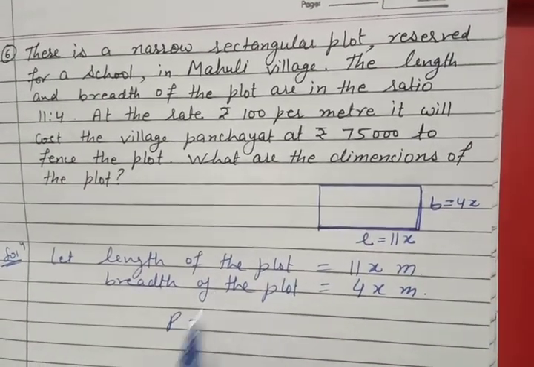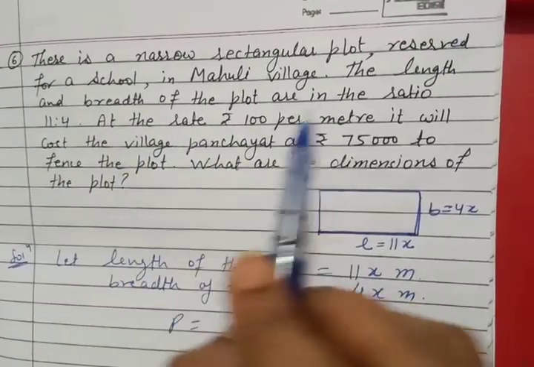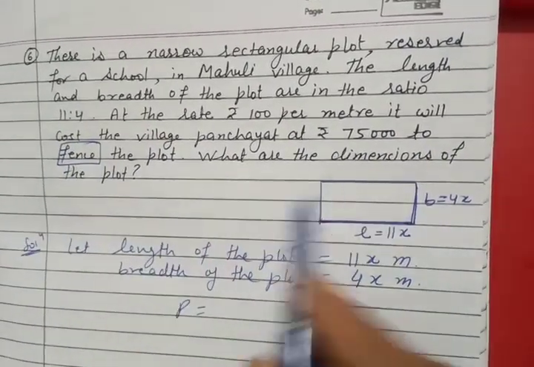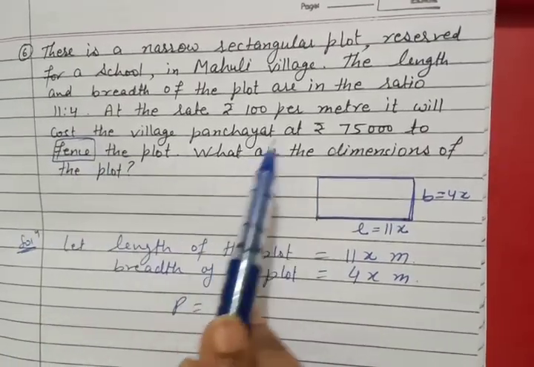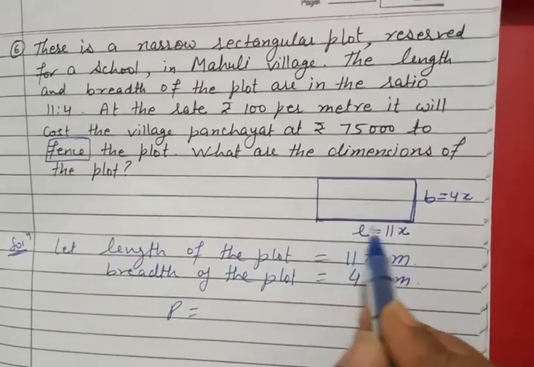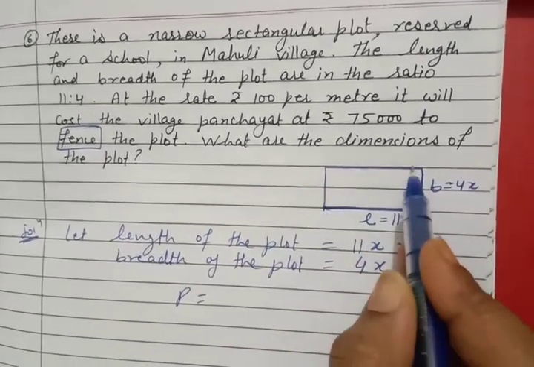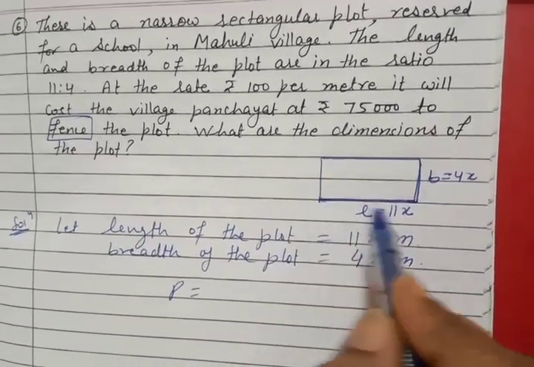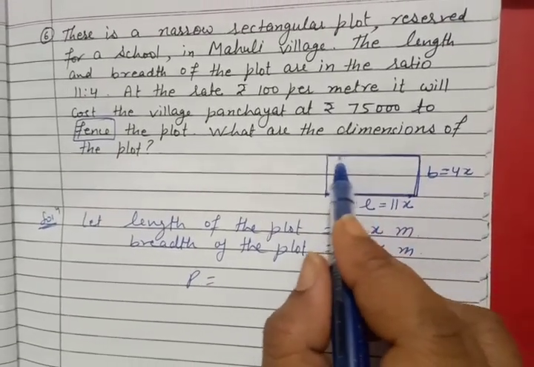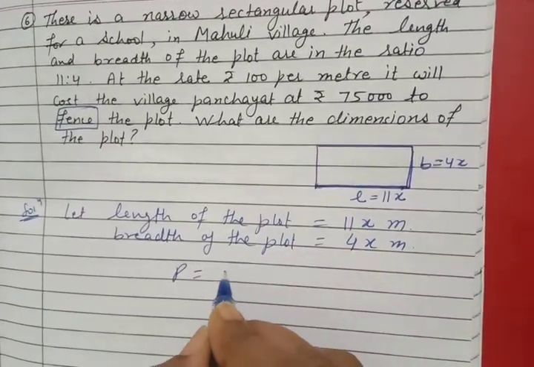Perimeter, why perimeter? Because it is written the word fence. Fence the plot means we are talking about the boundary, and boundary means the perimeter, and the formula for perimeter is length plus breadth plus length plus breadth.